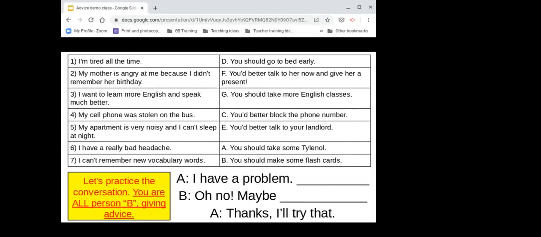Okay, so you are all person B. I'm going to use some microphones, just a few people's microphones. I'll unmute so you can speak. And we're all together going to say part B. And I'll start with part A. So, part A. I have a problem.